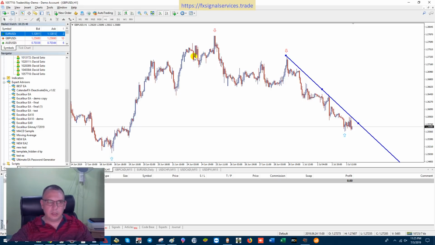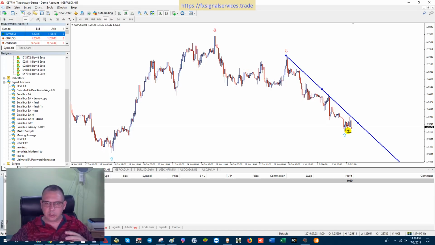Now in previous videos I showed you not only how to draw a trend line, but also how to find your support and resistance levels. In order to use a scalping strategy, we need to first find our support and resistance levels after we identified our trend line. How we do this is just simply look at points on the chart.